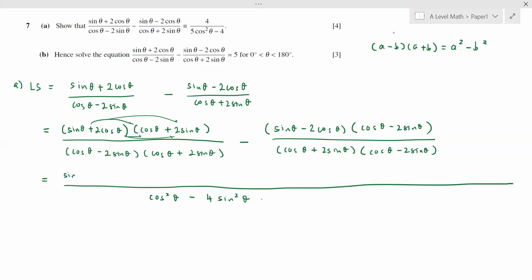The first term gives us sine theta cos theta. Then that is 2 sine squared theta. Then we have 2 cos squared theta and 4 sine theta cos theta.